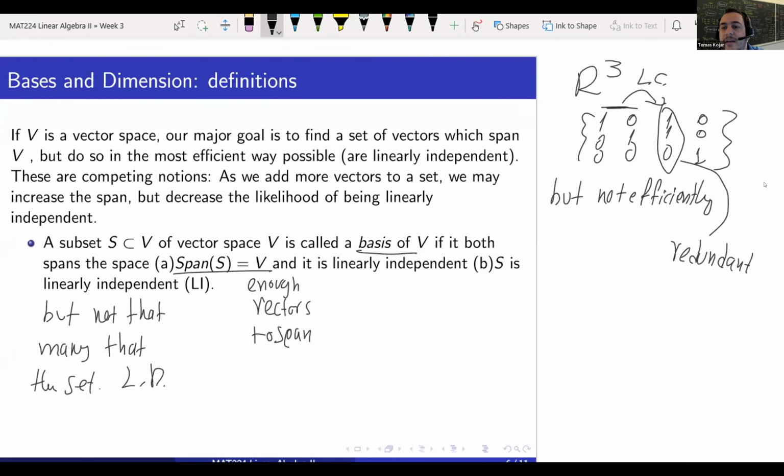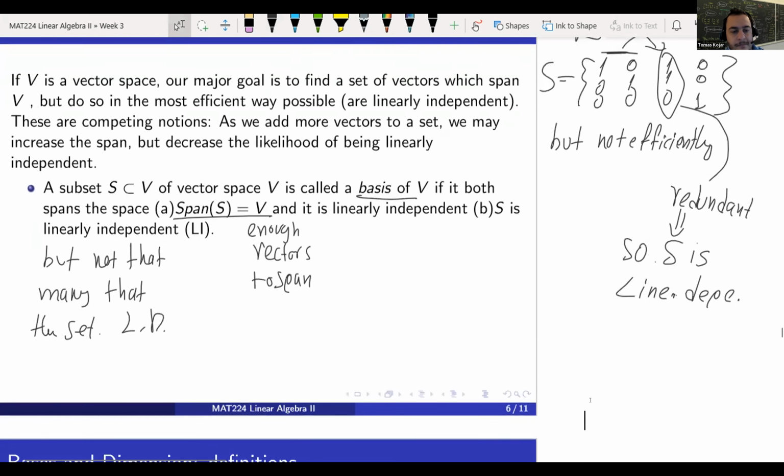This set over here is linearly dependent. So S is linearly dependent. Okay, so that's the game we play. All right. Good.